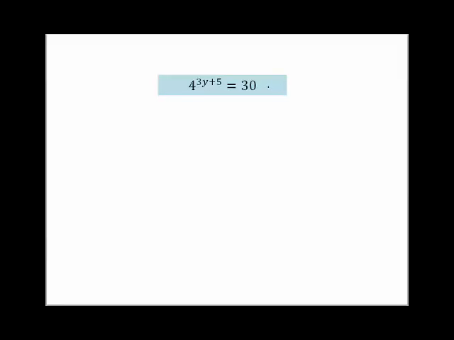Doesn't matter, but you're going to add it to both sides. And then once you've got that, this variable, this exponent, comes down in front. And then you'll have a nice equation to work with. Okay, so stop the video and try this, and then check in the guided solutions.